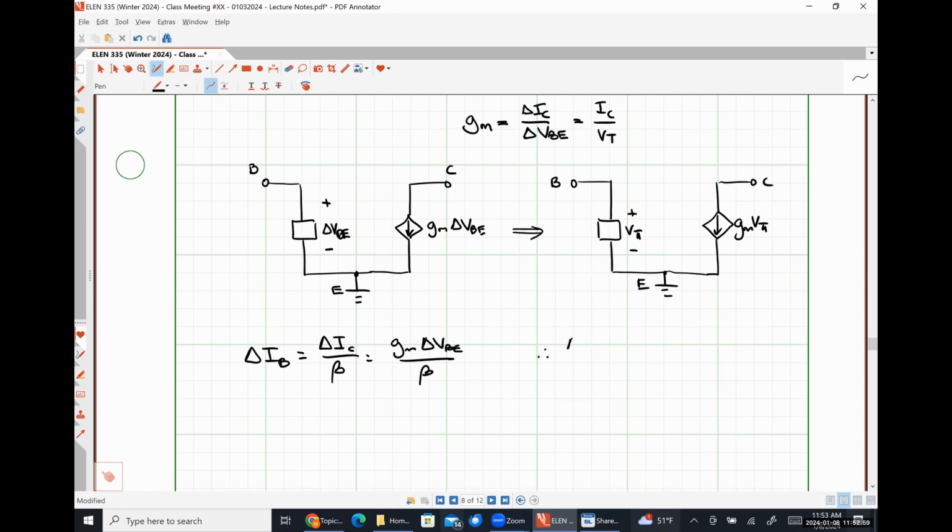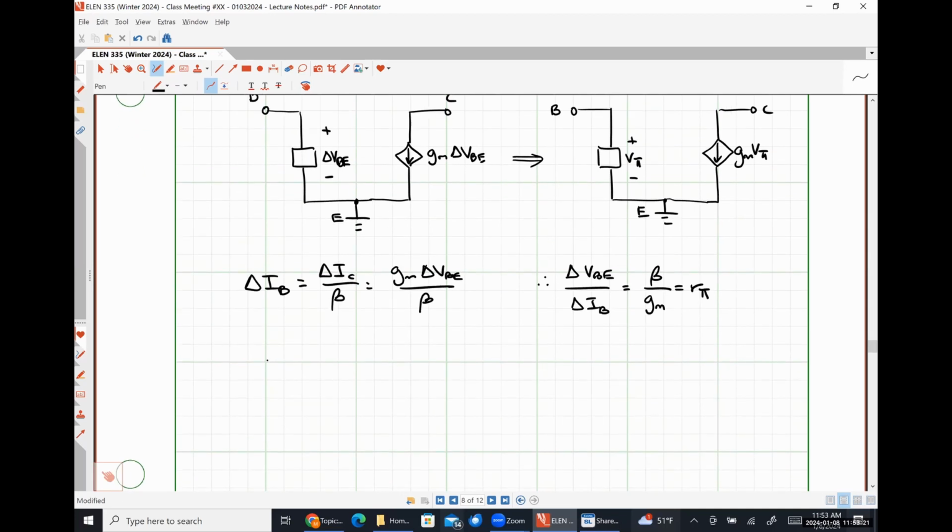And so we could say that the change in VBE divided by the change in IB will become beta divided by the transconductance, and we call this a resistance R pi.